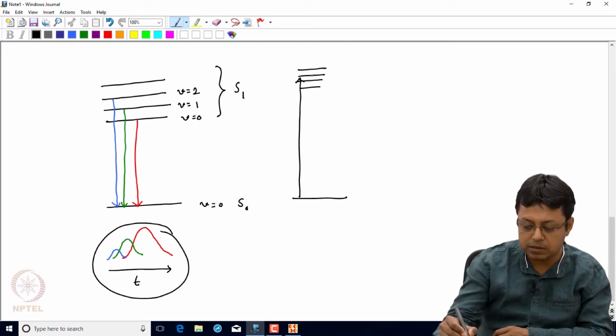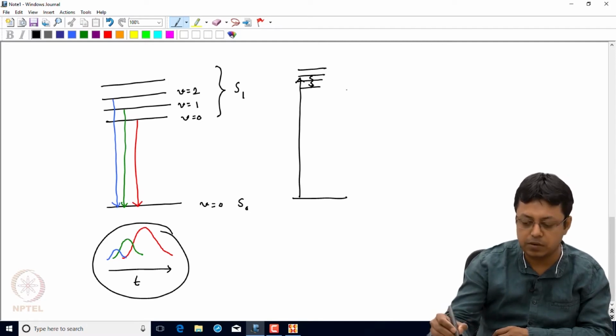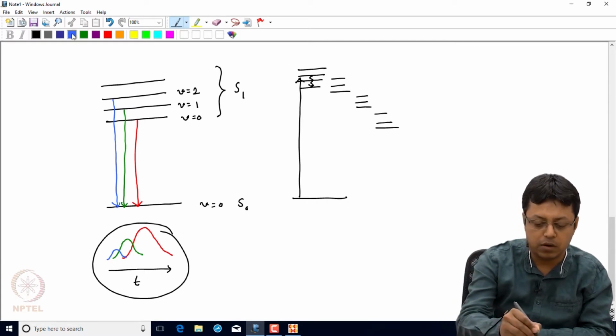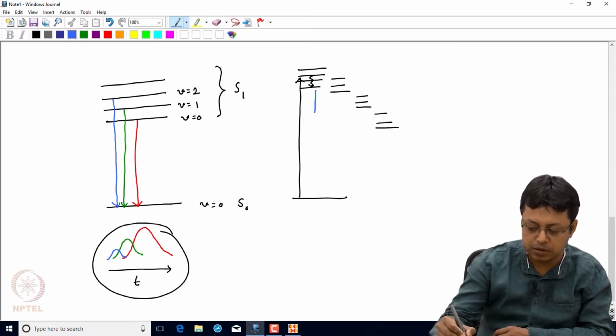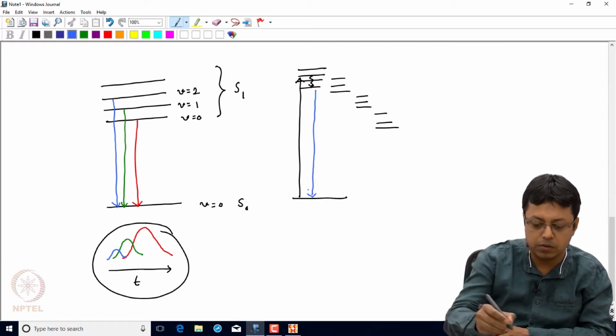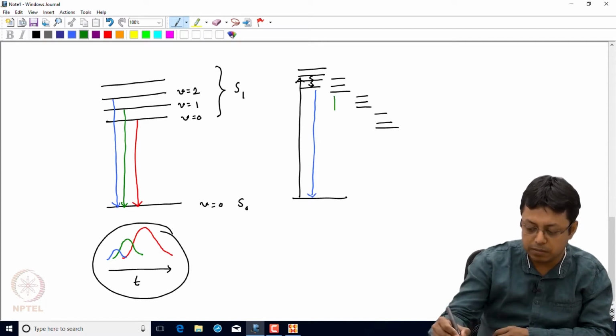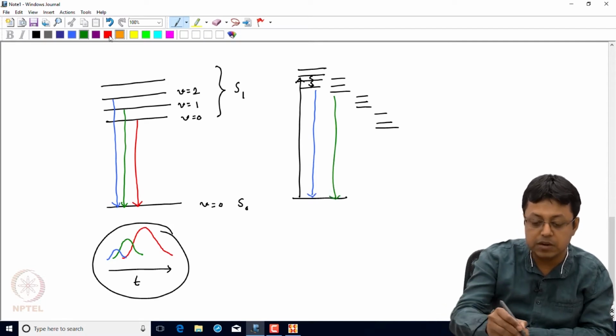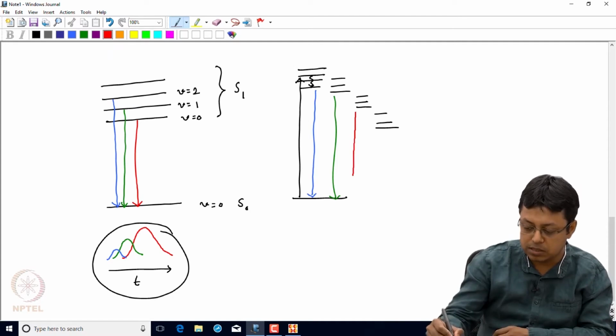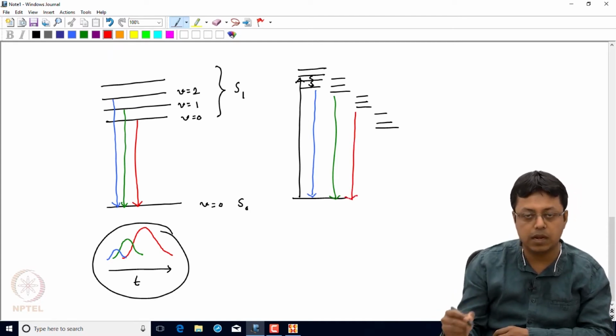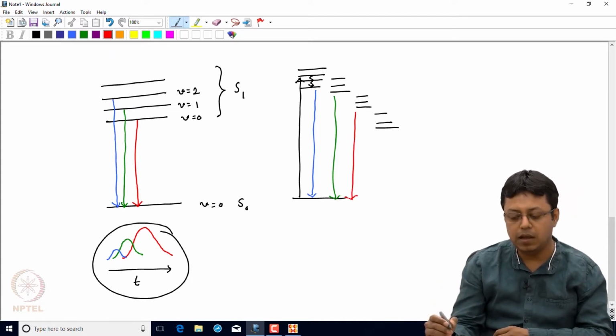But along with that, the emission quickly comes from the V equal to 0 state, and then the entire molecule, like the electronic states, are relaxing. So these are the vibrational energy levels. All we are saying in solvation is the emission from predominantly the V equal to 0 state over time, and we are not talking about any intramolecular effect. This is a very important thing to know: we ignore the effect of the intramolecular shift in the solvation.